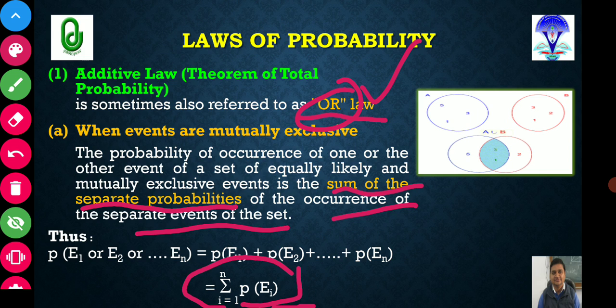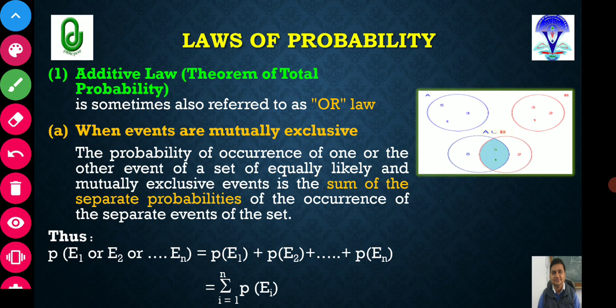So if you want to know the probability of occurrence of either head or tail, then you have to add the individual probability of occurrence of head and the individual probability of occurrence of tail, which will be 1 by 2 plus 1 by 2, that means it will be 1. So the probability of occurrence of either head or tail is 1, that is 100%. Either there will be head or there will be tail.